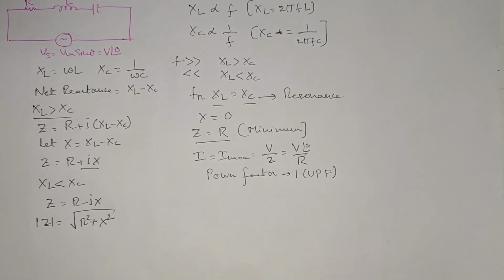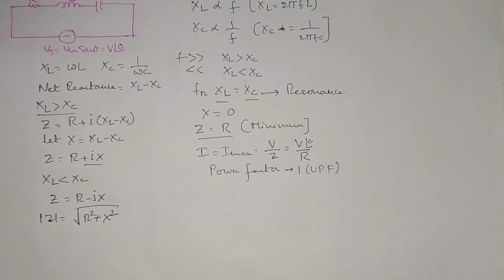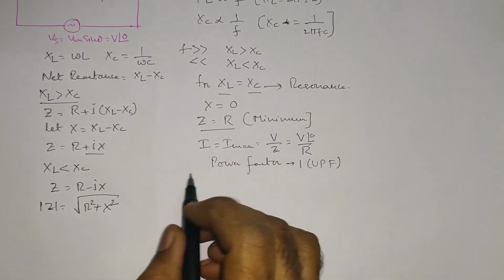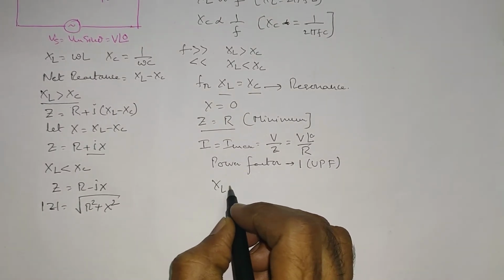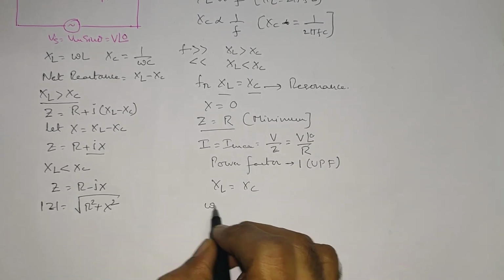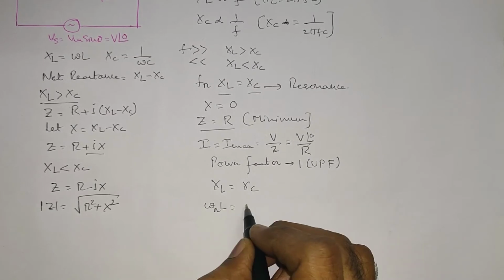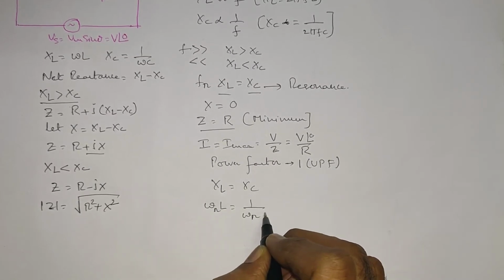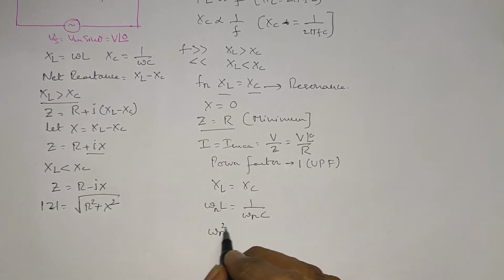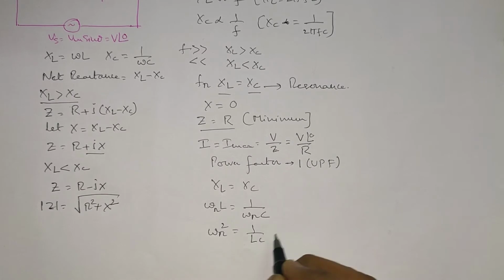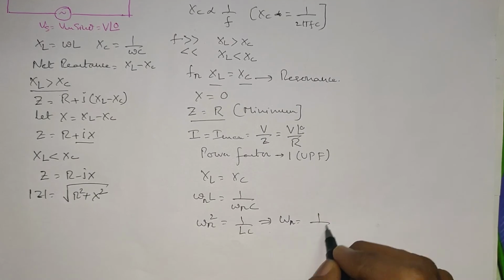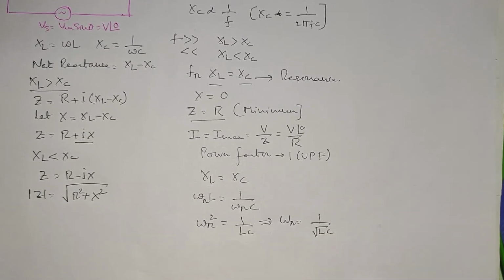These are some of the conditions which are going to be considered at the resonance. Next, as we are going to have the two reactances the same, XL is equal to XC, and we know XL is equal to omega_R into L, which is equal to 1 by omega_R into C. So if we cross multiply, we are going to have omega_R squared is equal to 1 by LC, and that implies we are going to get the formula for omega_R is equal to 1 by square root of LC.